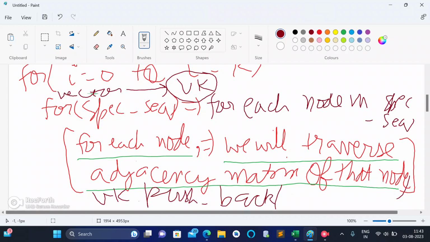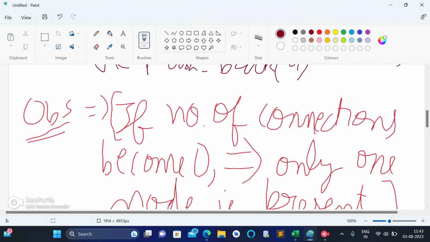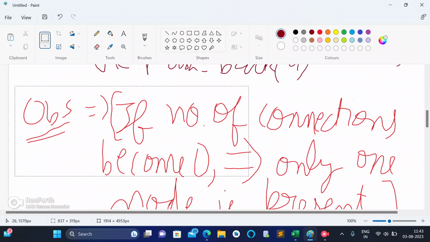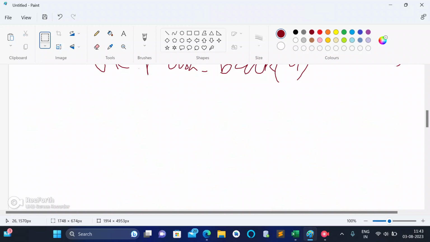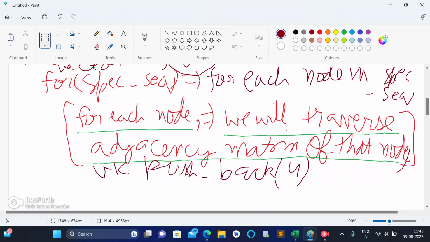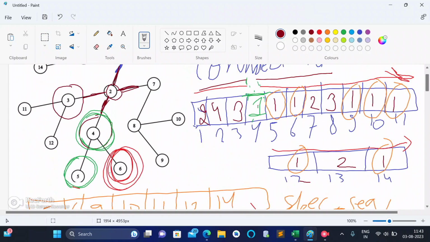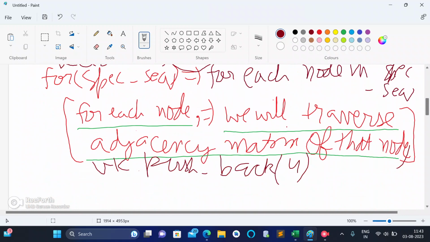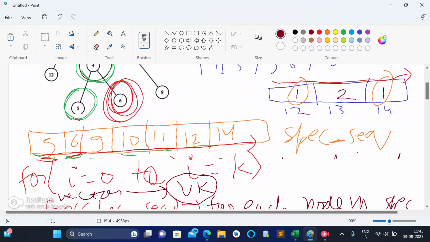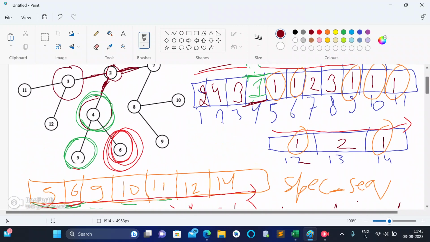So initially I do vk dot pushback 4, because I found that the number of connections of 4 becomes 1. Therefore, if the number of connections of 4 becomes 1, it becomes a leaf node. So I say, okay, vk dot pushback 4.